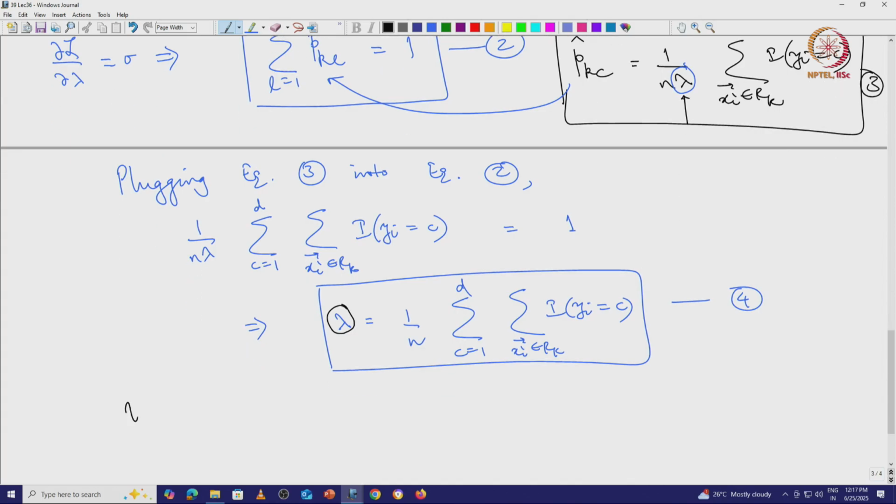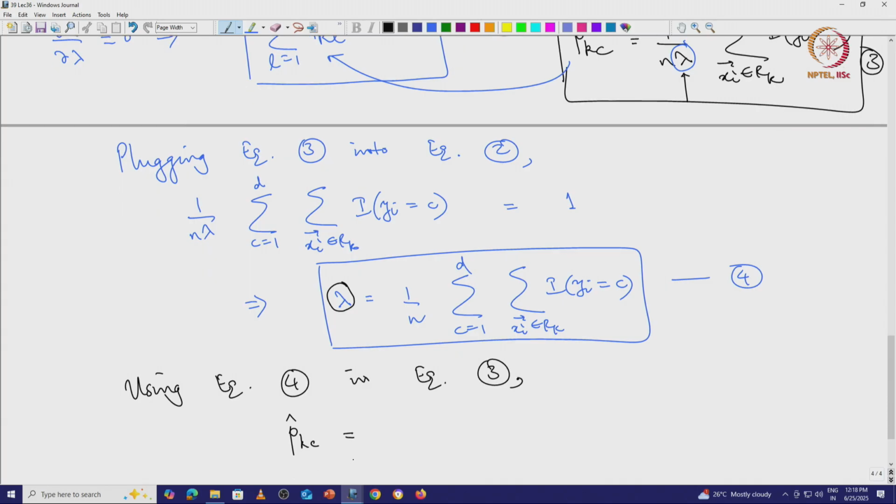So, using now equation 4 in equation 3, we complete the derivation. Okay. So, we will be able to obtain an expression for p hat kc as we had desired.